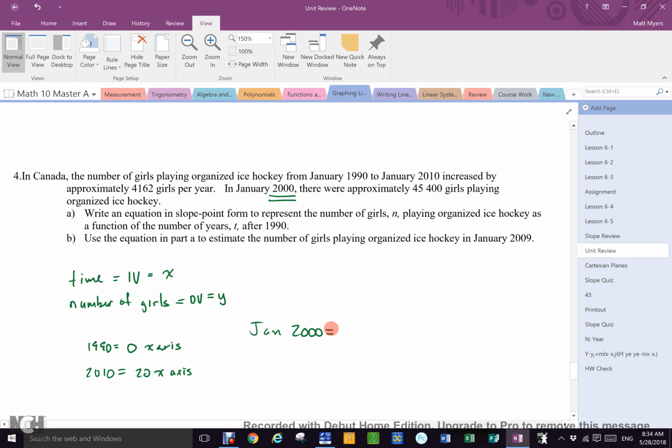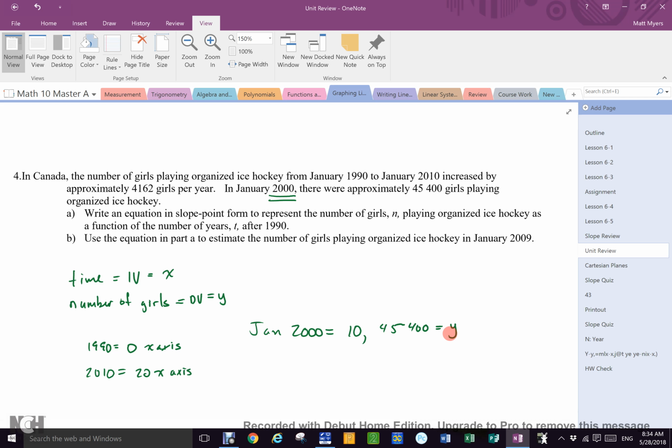If 1990 is 0 and 2010 is 20, what is 2000? 10. And the number of girls is 45,400. That is what, a y or an x value? That's a y value. Does everyone follow what has happened here?